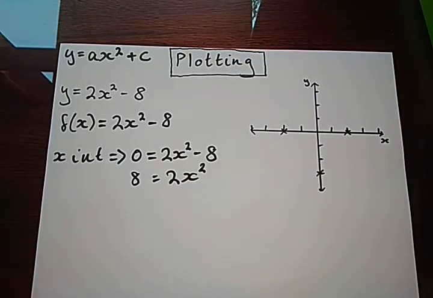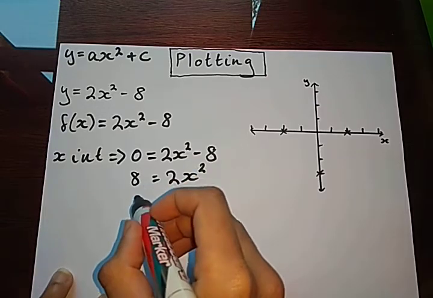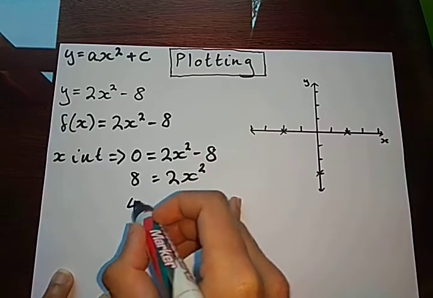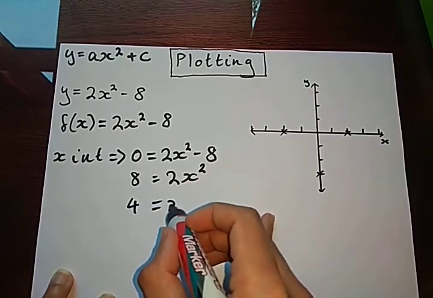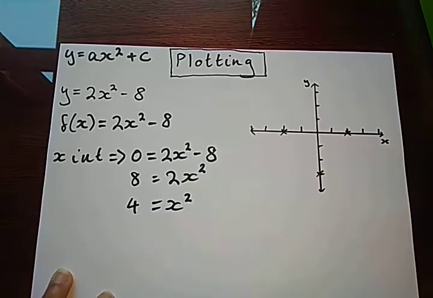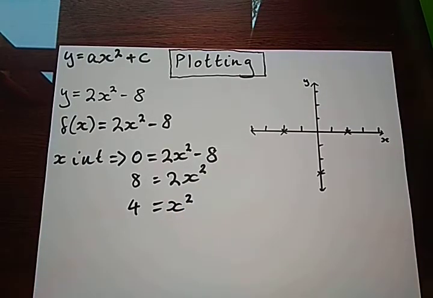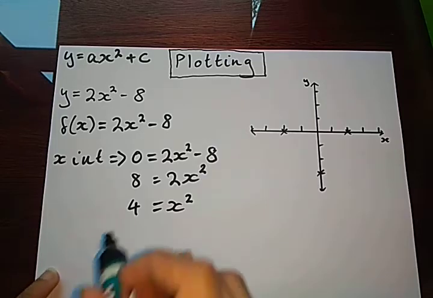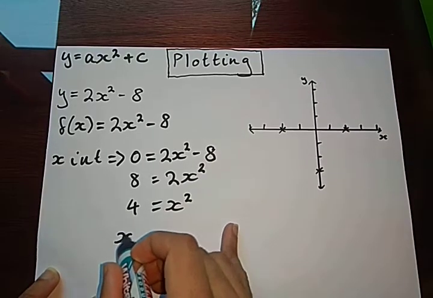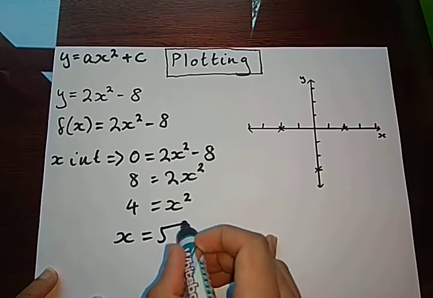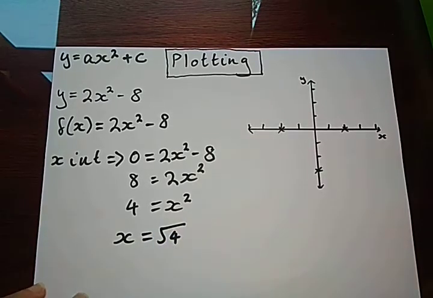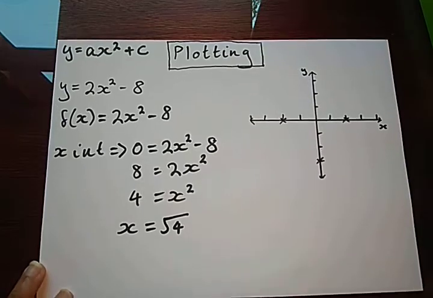Then I'm going to divide both sides by 2 to get the x squared by itself. 8 divided by 2 will be 4. And I'll be left with that. Now I need to square root both sides to get x by itself, where x is equal to the square root of 4. Now this is where most people get it wrong.